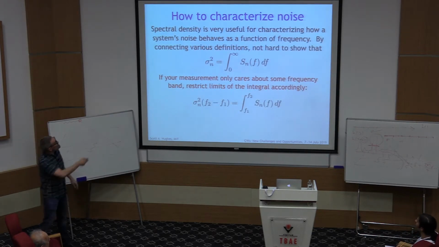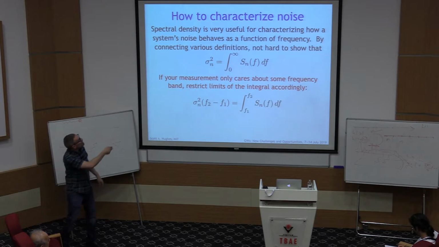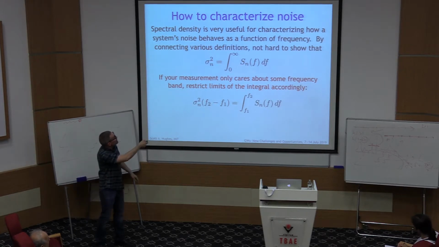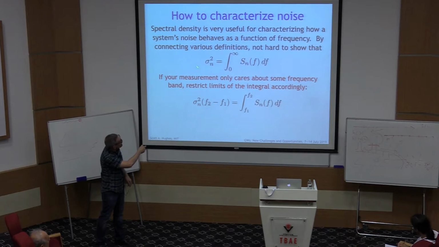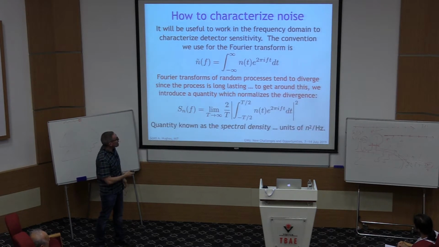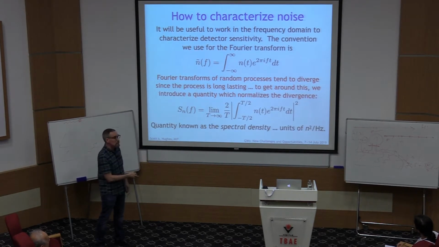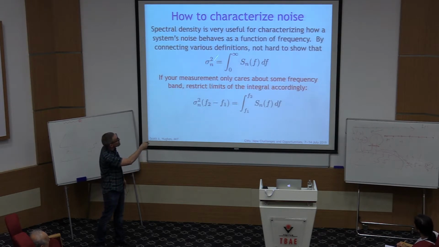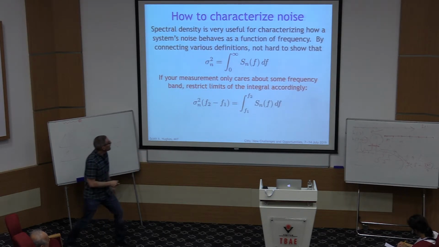Here's why. By connecting all the various definitions that I've put up on these different screens, it's not hard to show that the total variance associated with the noise in my detector, so the offset 0 correlation of the noise with itself, is just given by integrating the spectral density over all frequencies. By the way, this factor of 2 here is related to the fact that I'm only going to define this thing for positive frequencies.